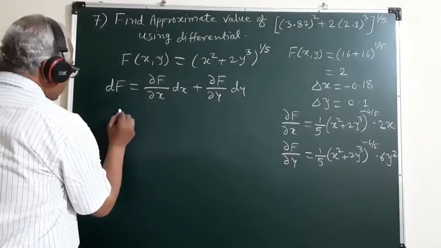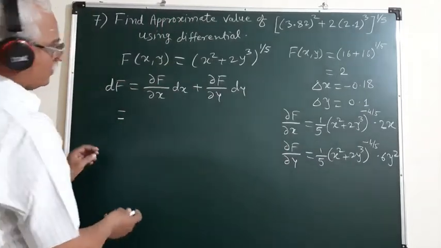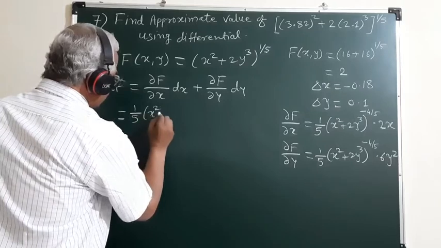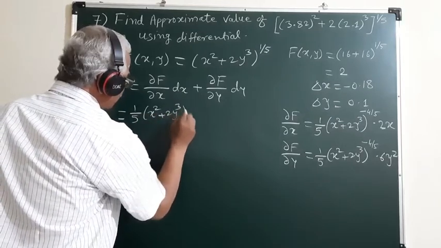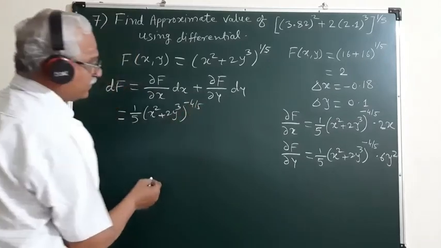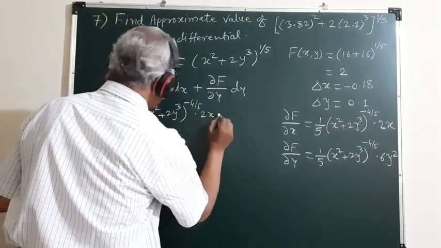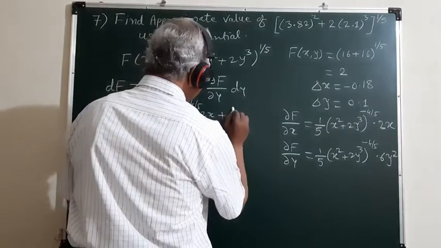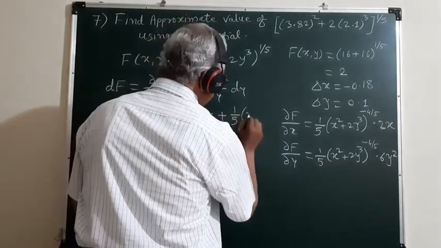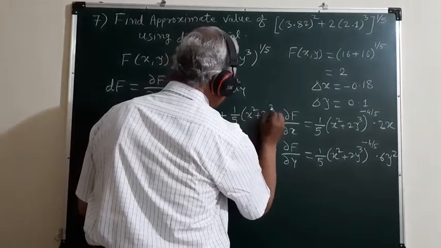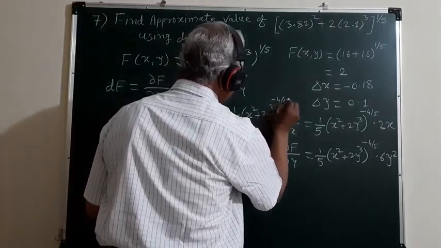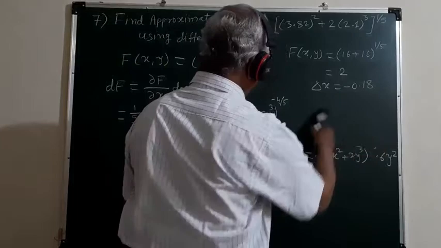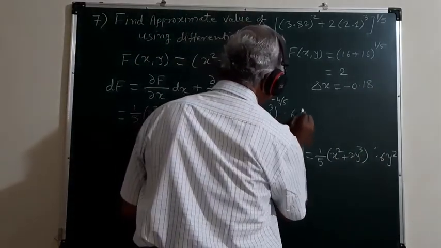So use these expressions of dou f by dou x and dou f by dou y here so that we get the expression for df to be equal to 1 by 5 into bracket x square plus 2y cube bracket raised to minus 4 by 5 into 2x, plus dou f by dou y is 1 by 5 into bracket x square plus 2y cube bracket raised to minus 4 by 5 into 6y square.